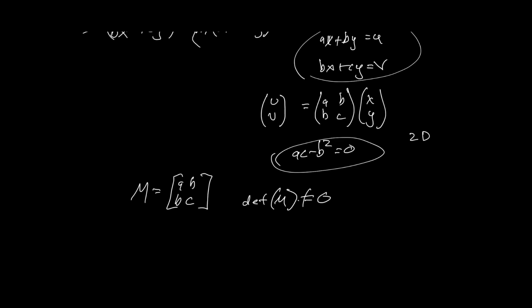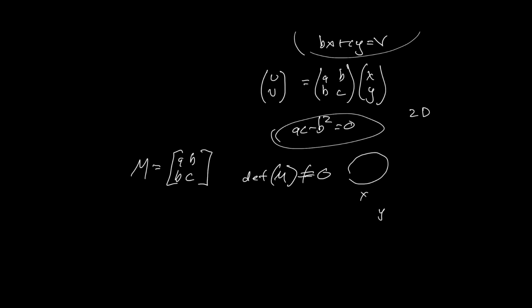What it's doing is it collapses the degrees of freedom, so you're getting rid of one of your variables, essentially. You're collapsing it into just x or just y because they become dependent variables. This comes from linear algebra again: this matrix has to be invertible, which means its determinant cannot be 0.